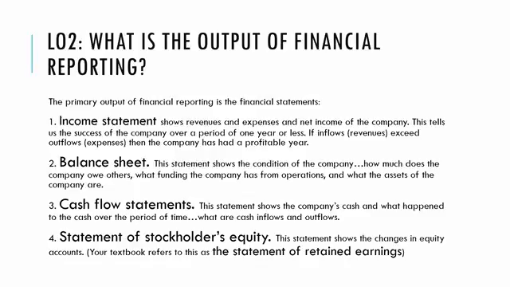For large companies, they're done quarterly, and for many companies, these will be done on a monthly basis. Income statement, balance sheet, cash flow, and statement of retained earnings. You have to memorize these. You have to memorize what goes into each one of these and be able to provide one given information.